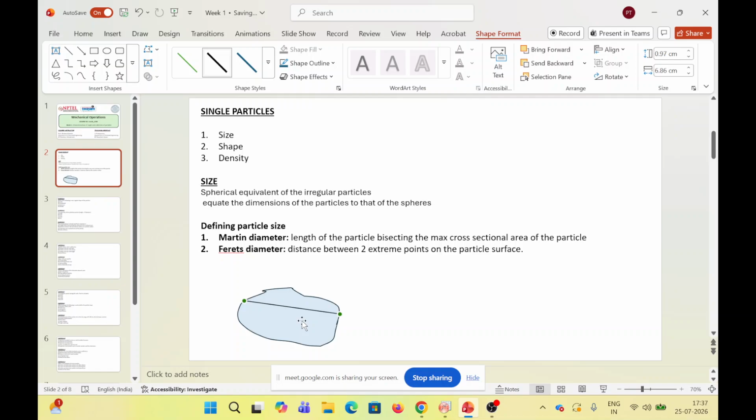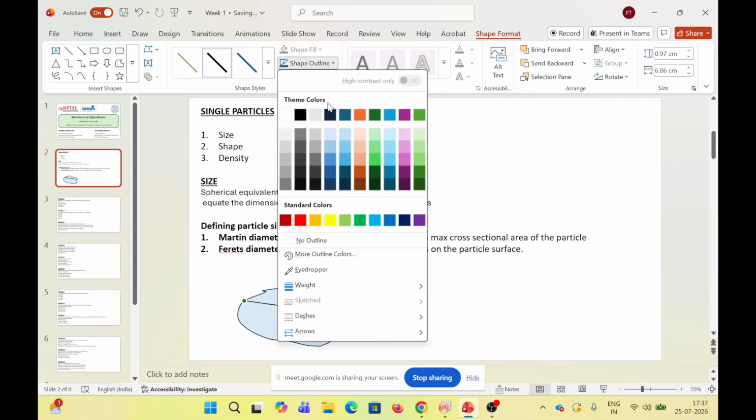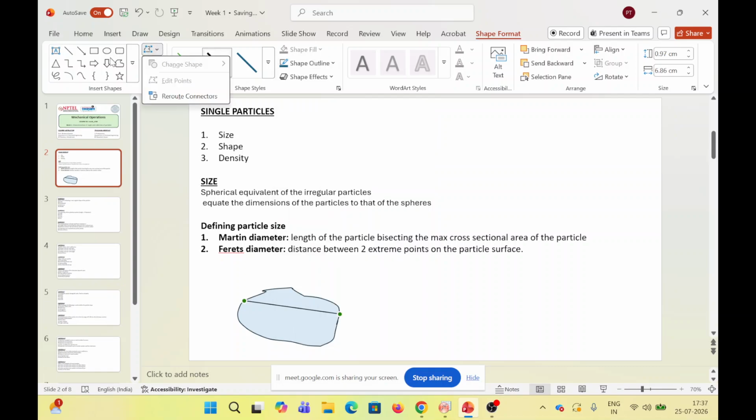Now in case of Martin's diameter, you get to know the cross sectional area of the particle, and once you know that, you find a line that splits this cross sectional area into two halves. So maybe like this.